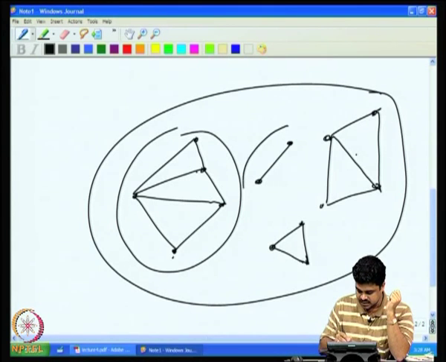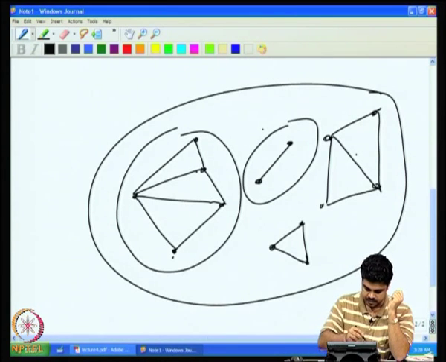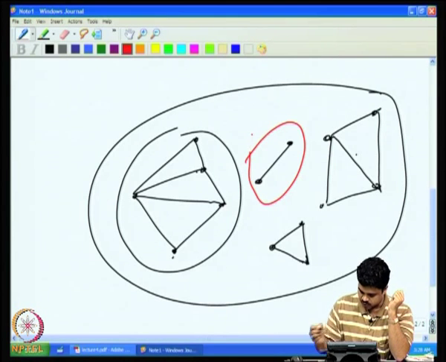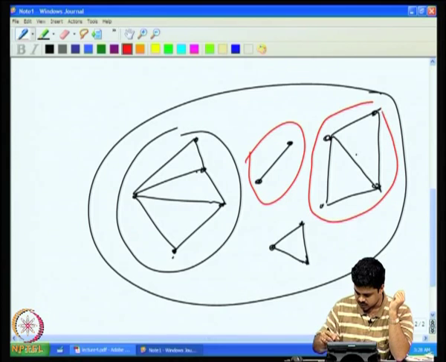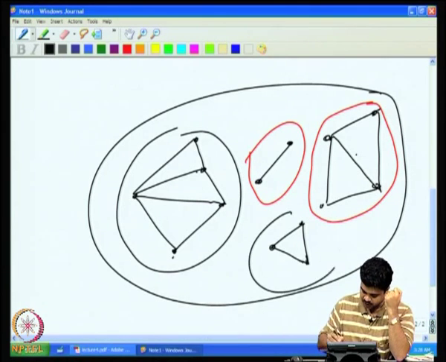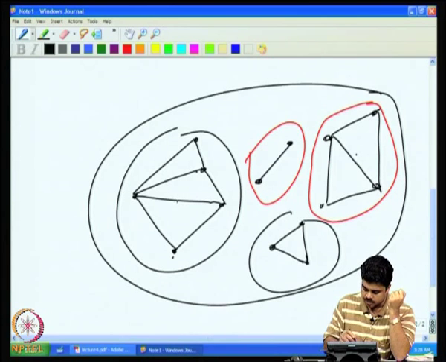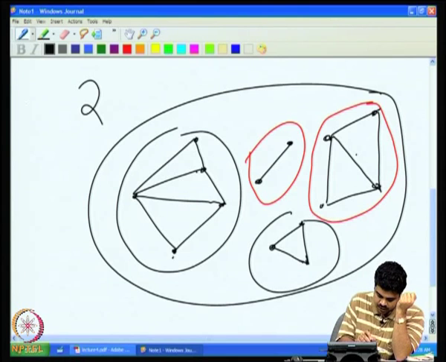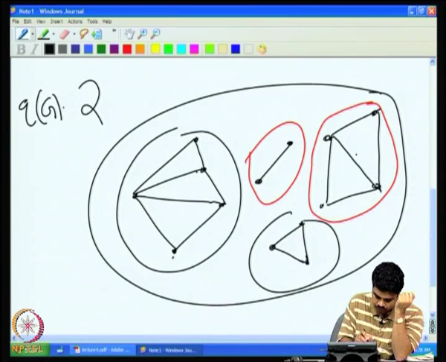But this one is an even component. This is also an even component, because it has 4 nodes in it. On the other hand, this is an odd component again. So, the number of odd components in this graph is 2. So, we write Q of G is equal to 2.